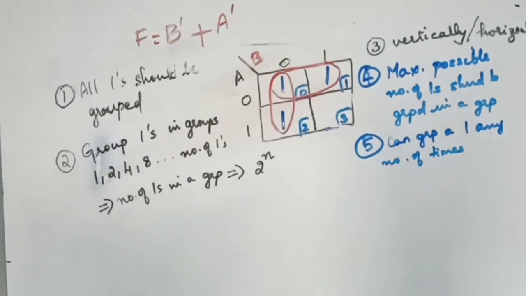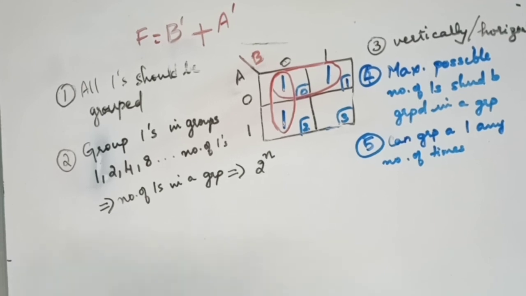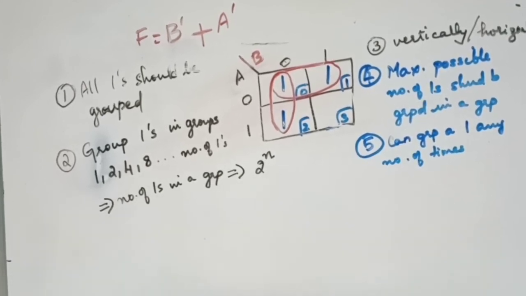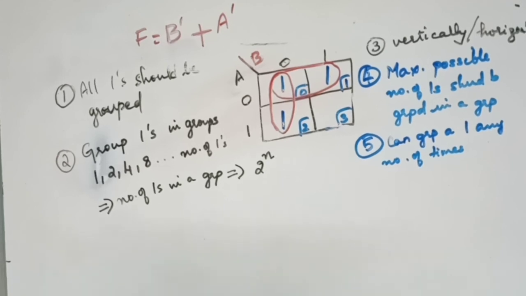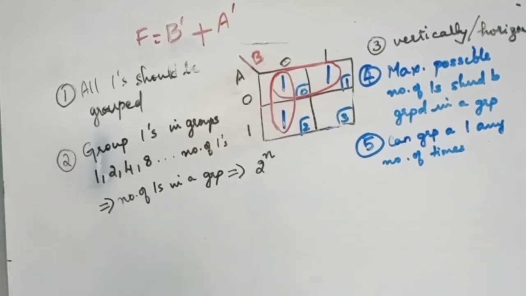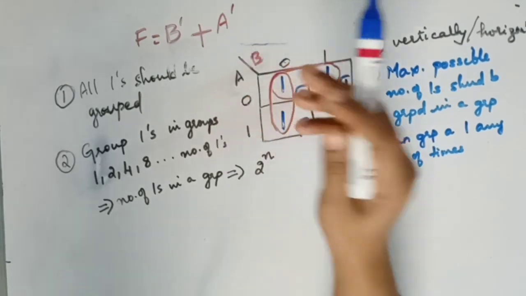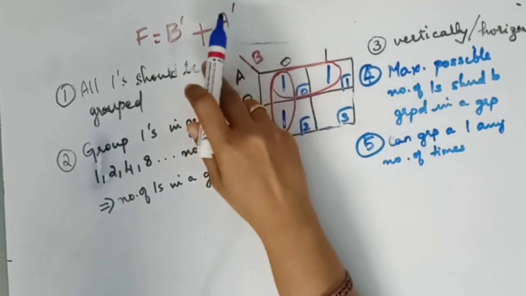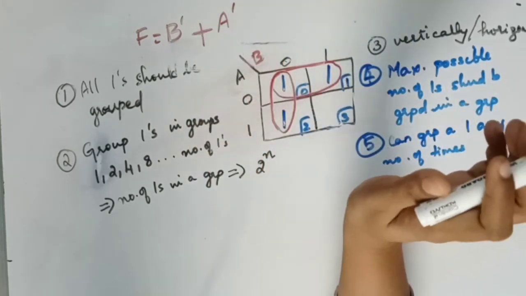You can get it in the most simplified form using a Kmap. If you are using Boolean expressions, you should know all the laws and many complicated laws in order to simplify it to the best possible way. Here we have one less gate. So this is the most simplified form.